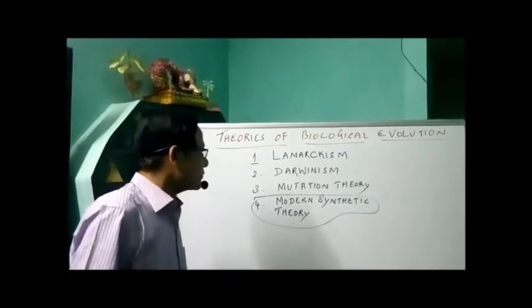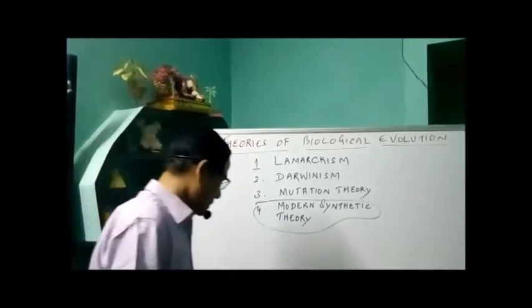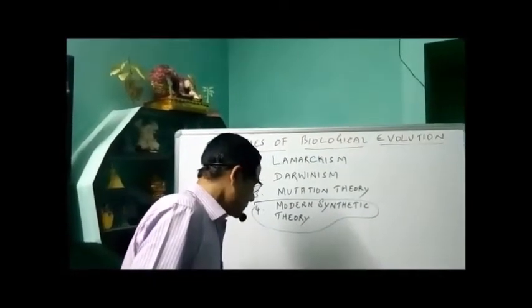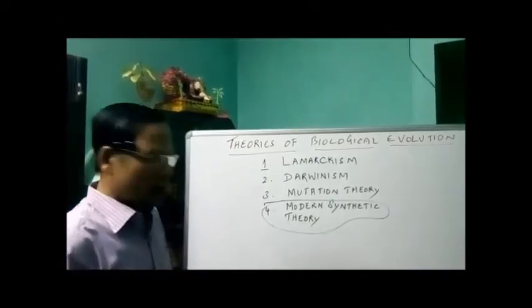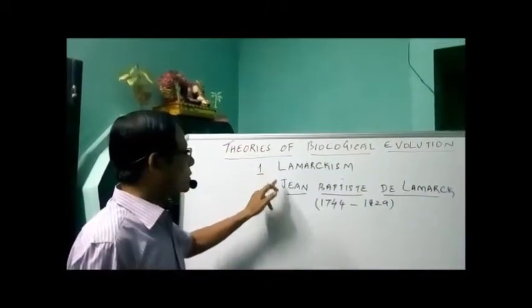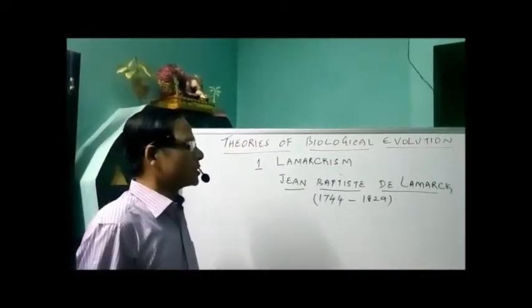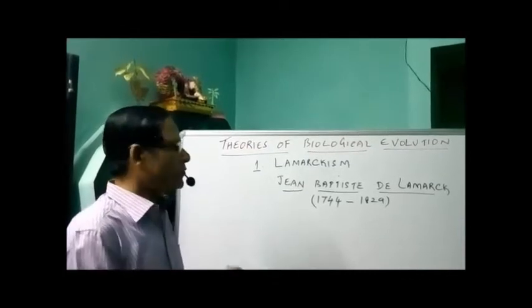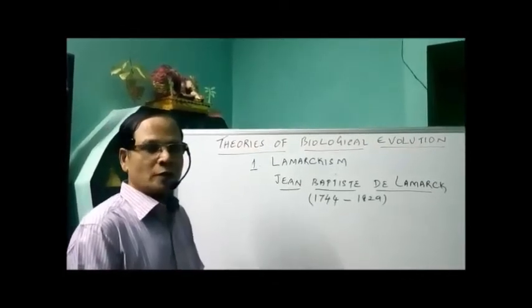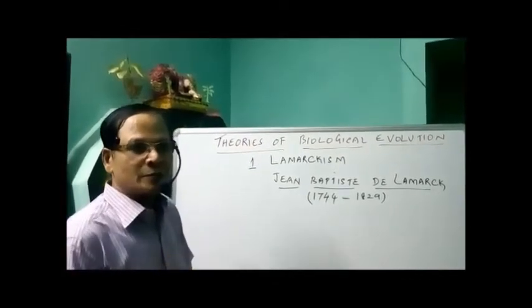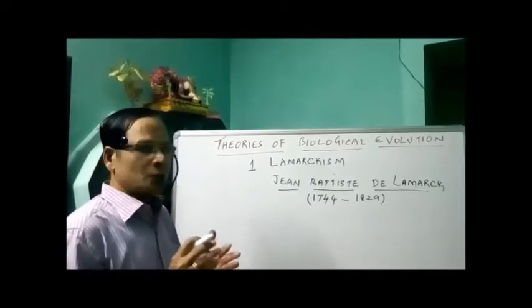Now, let's take the first one, Lamarckism. This concept, Lamarckism, was given by Jean Baptiste Lamarck. He was the first person postulating the mechanism of evolution in his book.